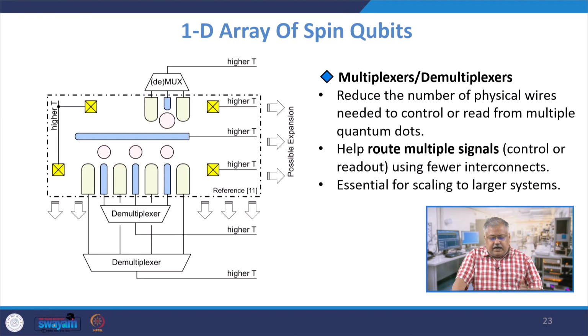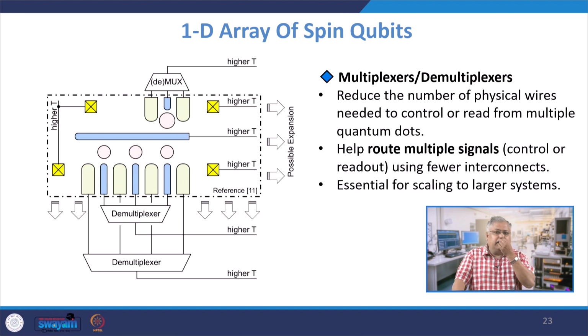Let us look finally at the mux and demux here, which will obviously be used to reduce the wiring. You do not want the wires to clog your quantum dots, which anyway are kept at millikelvin, right. So we use multiplexers and demultiplexers to reduce the number of connecting wires, and you already know from basic electronics how it works.